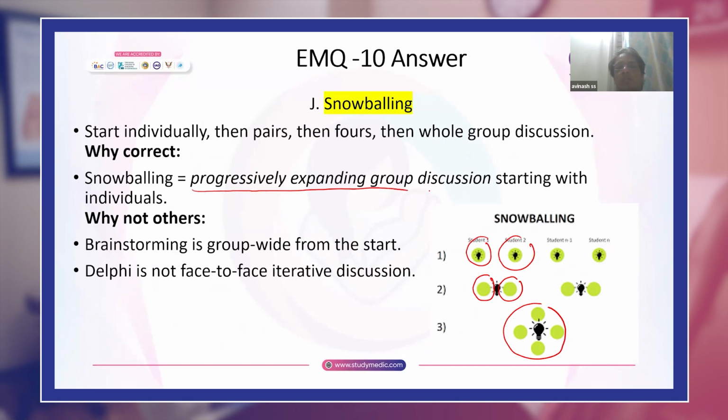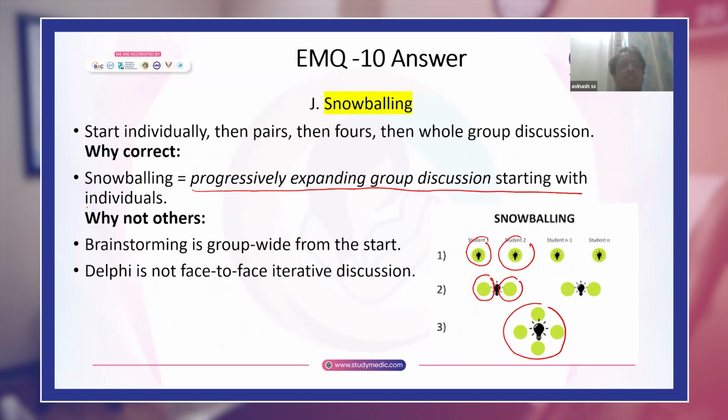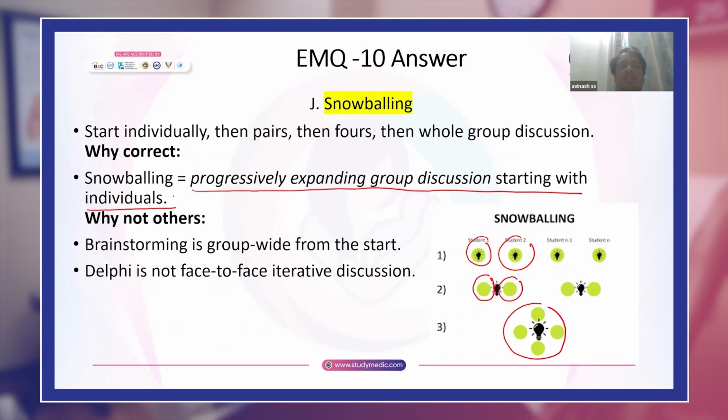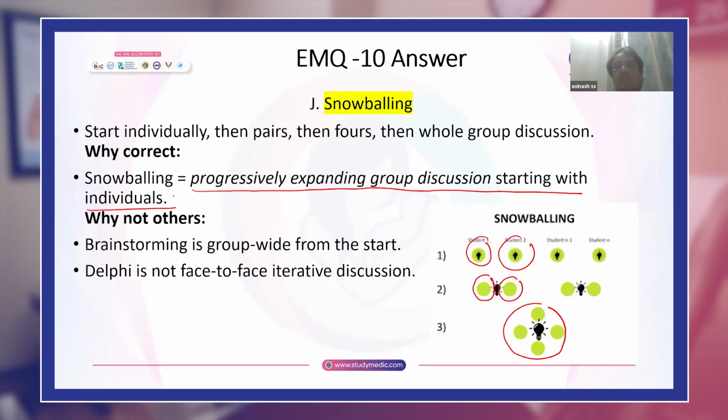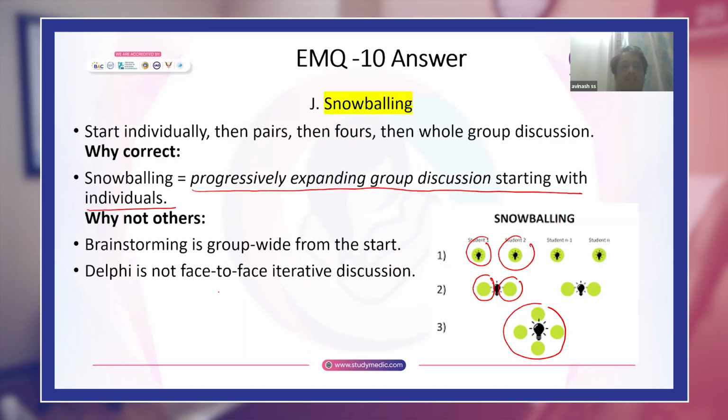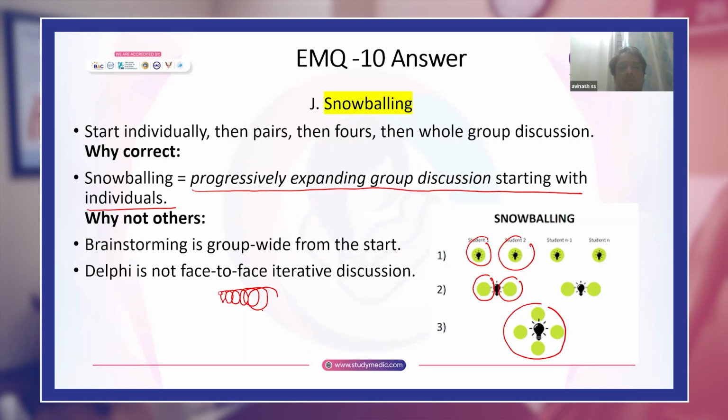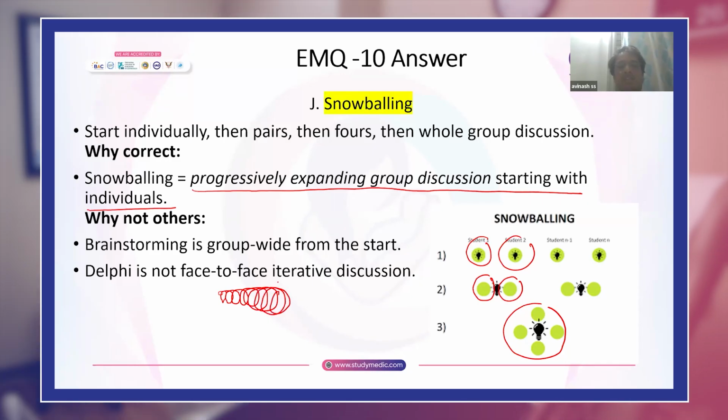As the group discussion progressively expands, the intensity of the discussion also increases. The content, depth and breadth of the discussion also increase. While brainstorming is group-wide from the start, here the groups are formed slowly, like a snowball that increases in size as it rolls.